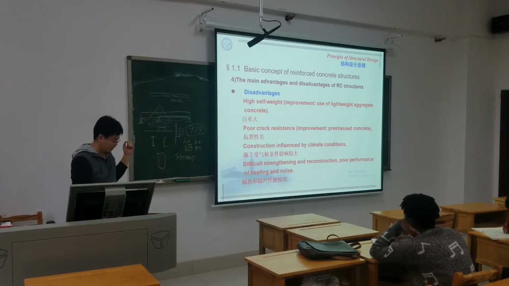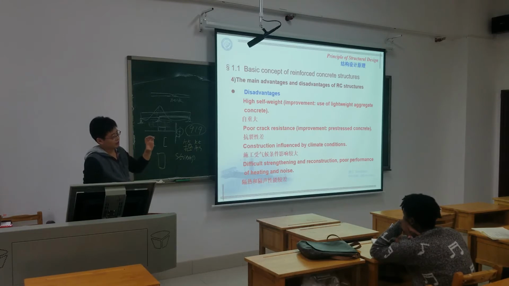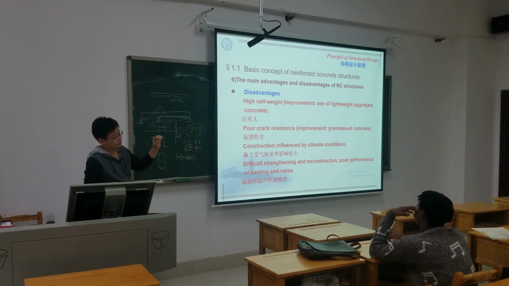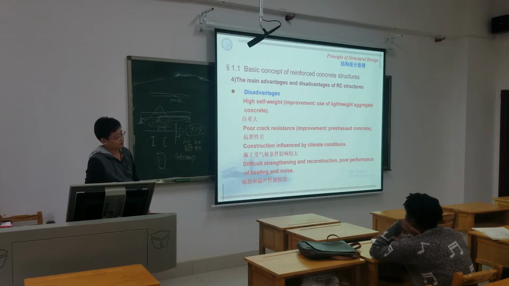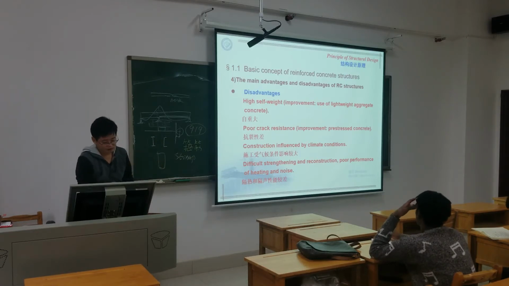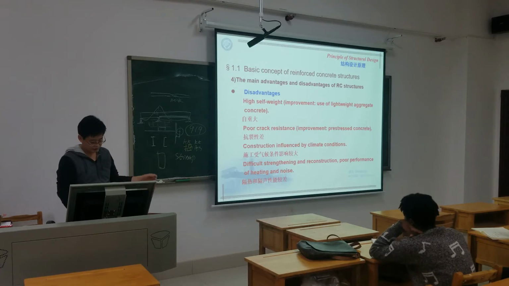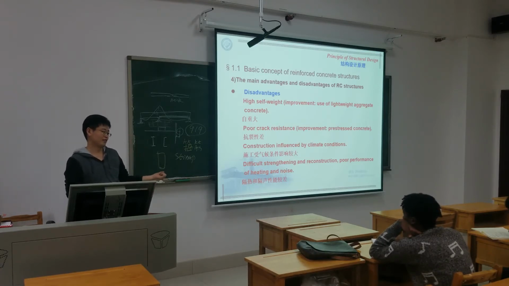Because for a large span bridge, I would say nearly 90% of the bearing capacity is used to resist the self-weight. The normal use, the car or the other load, is a very limited part, maybe not more than 10%. The biggest enemy is the self, just like human.